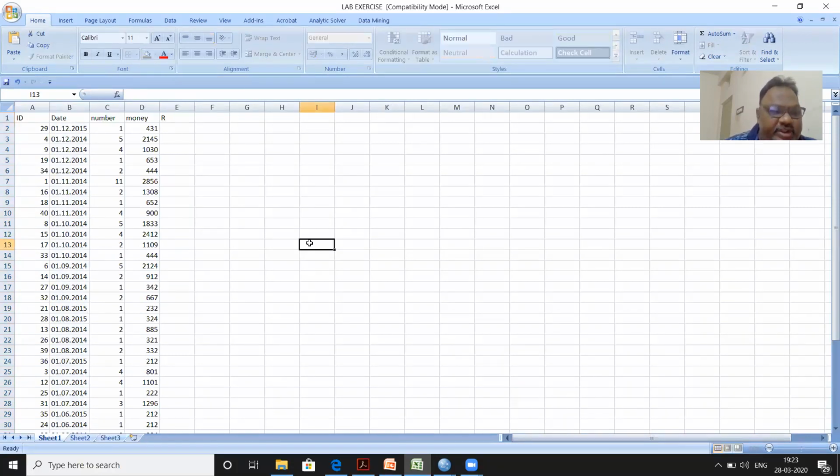Since we have 40 data, when you divide into 5 clusters, the first 8 will get score 5: 5, 5, 5, 5, 5, 5, 5, 5, that is 1, 2, 3, 4, 5, 6, 7, and 8. Next, I will give score 4 to the next 8, which means 16.